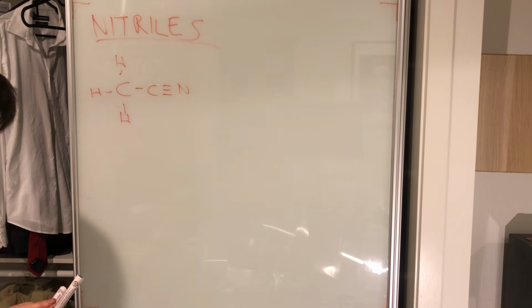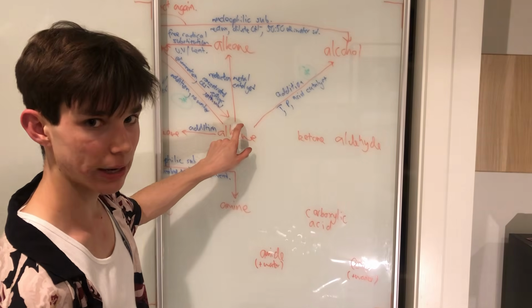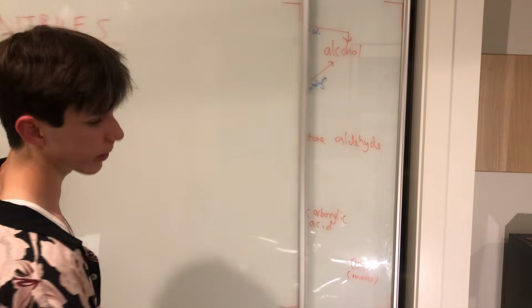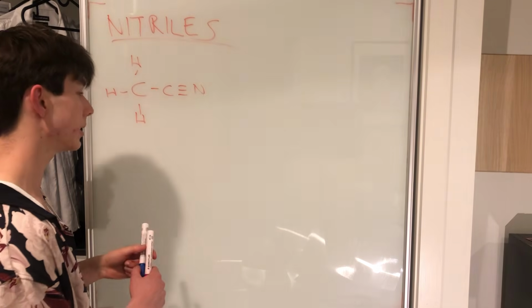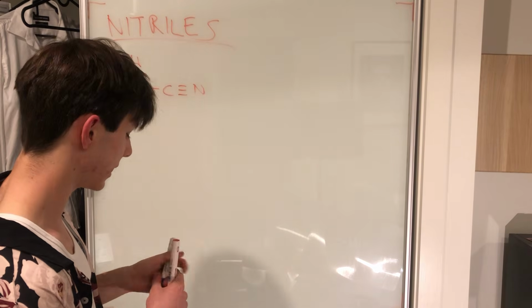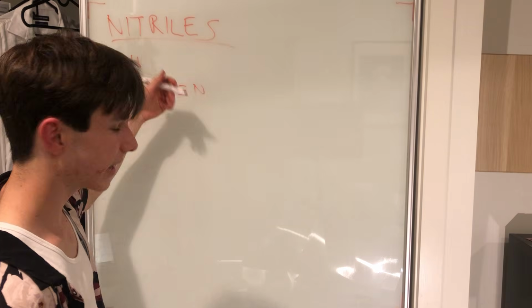Now, we can form an amine from this. It looks a little bit like an addition reaction, but remember that when we were adding hydrogens to an alkene across the double bond, we called it a reduction reaction. Similar thing happening here, because there's a gain of electrons involved. And if you wrote out the oxidation states, you would see this.